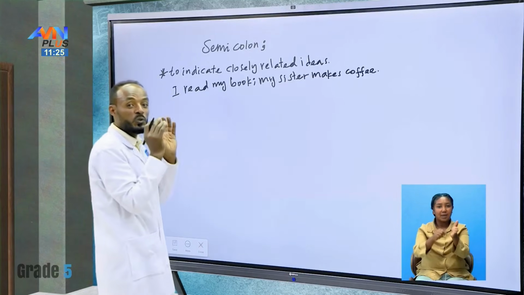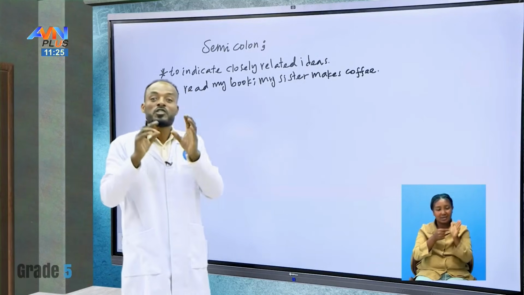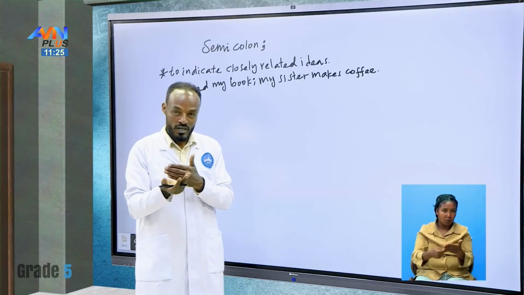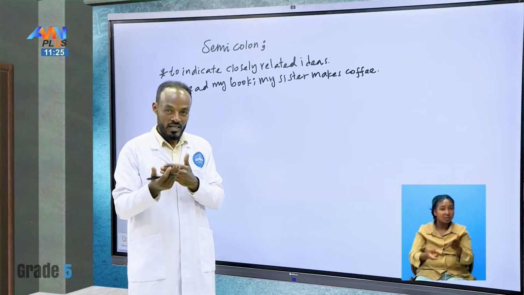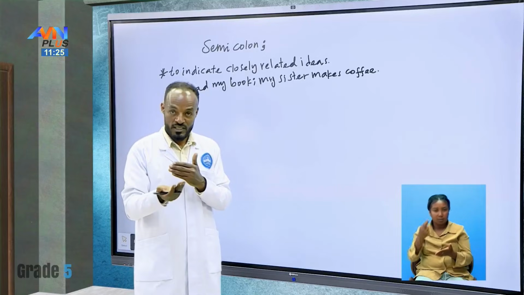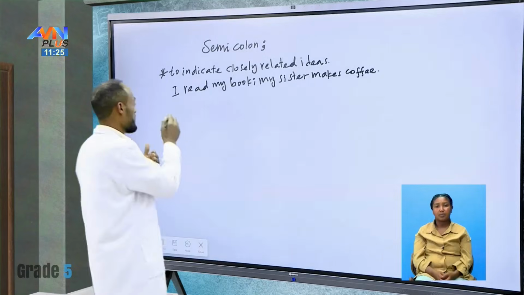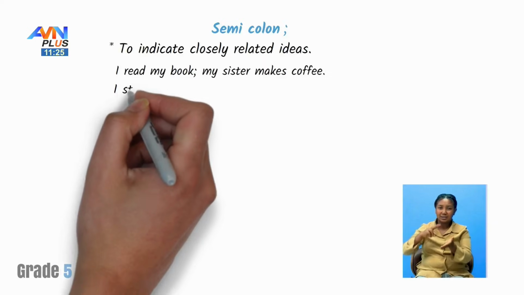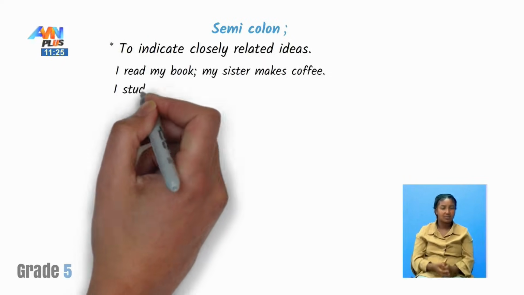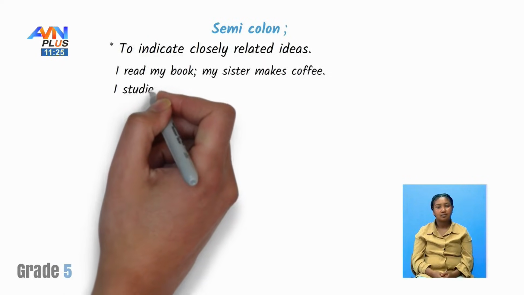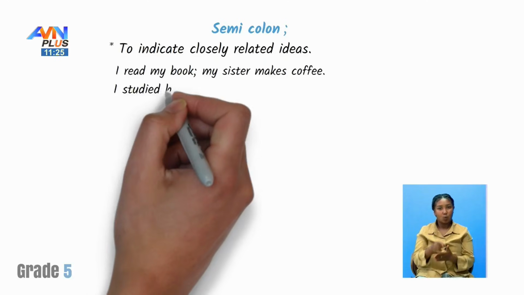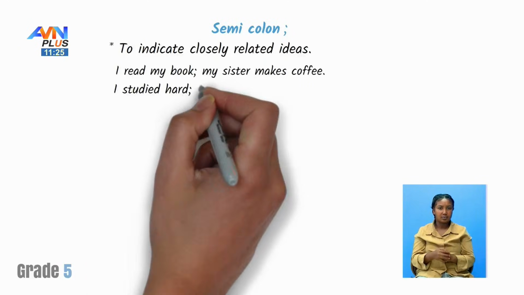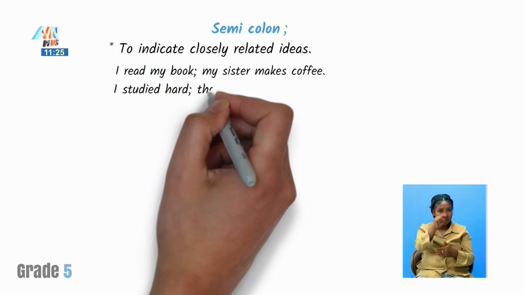And that's how we can use semicolon to indicate especially a result of clauses, just like therefore, as a result, consequently. Is it clear? For example, I studied hard. Look, this is one sentence, isn't it? I studied hard. Then we have to use semicolon here.